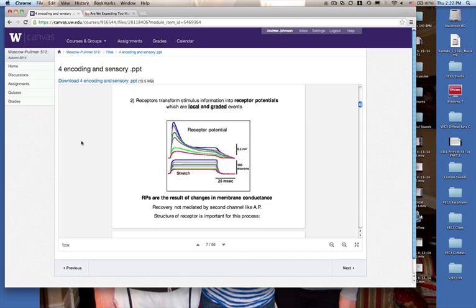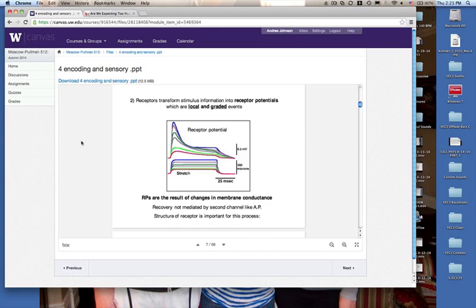So you have stretch, you're stretching, and that stretching is actually going to pull open ion channels. So you actually have ion channels you can just pull open, and that's going to give rise to a receptor potential, so a change in ion conductance because you're pulling those channels open, and that, if you reach threshold, can start to fire some action potentials.